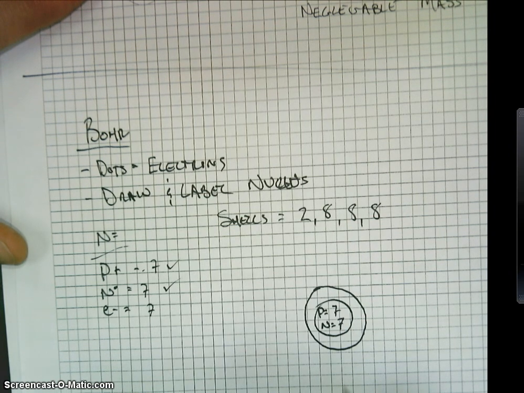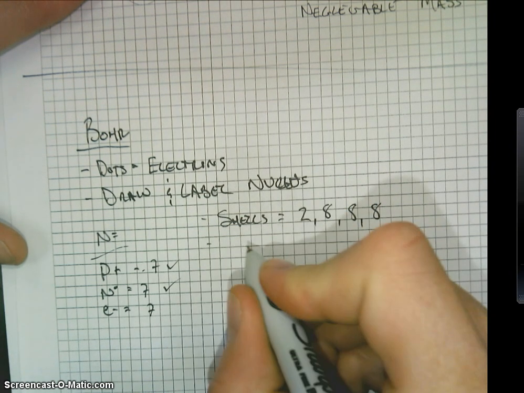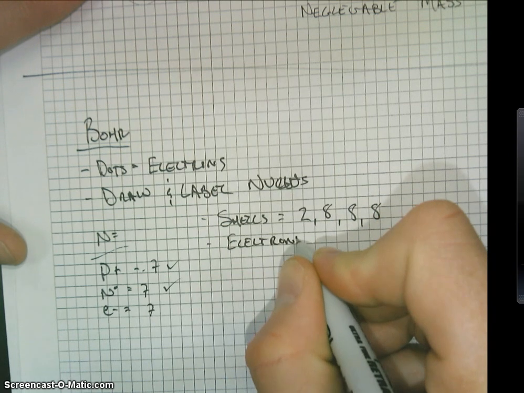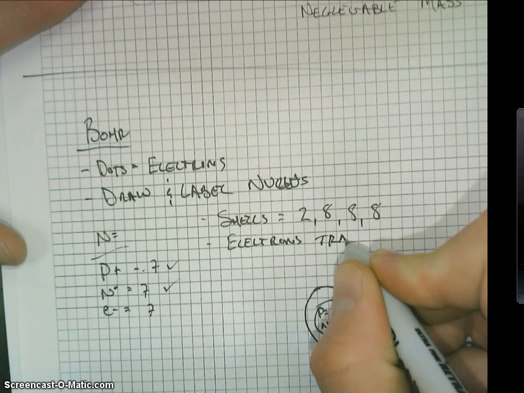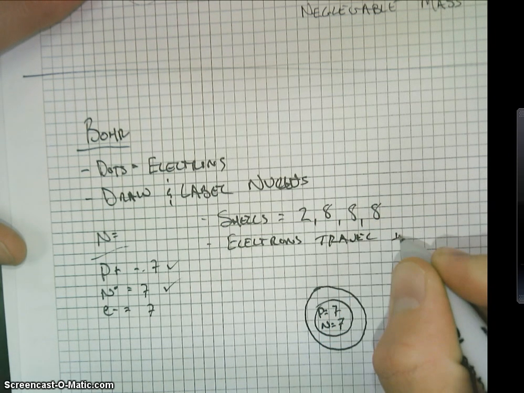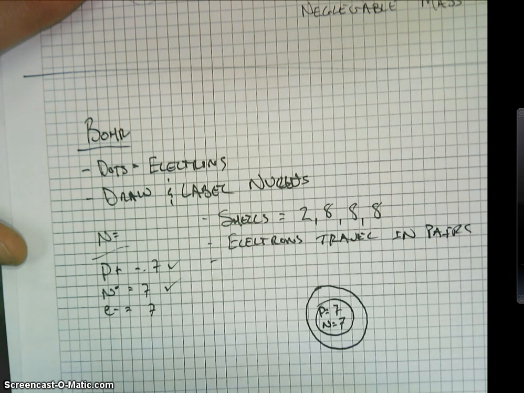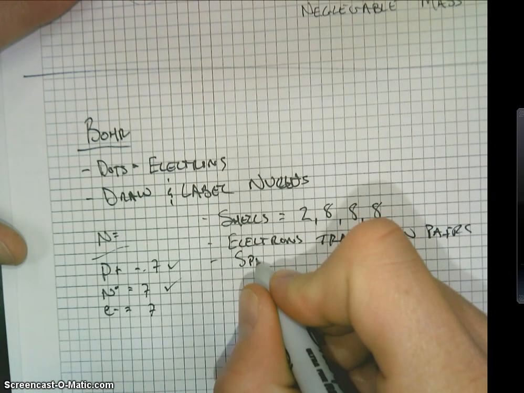The other thing that you need to know about electrons is they travel in pairs, and they also try to spread out as much as they can.